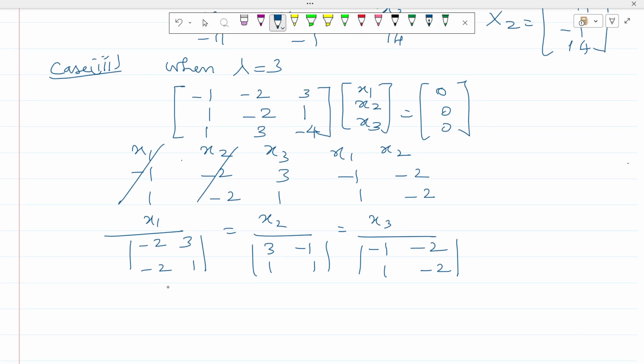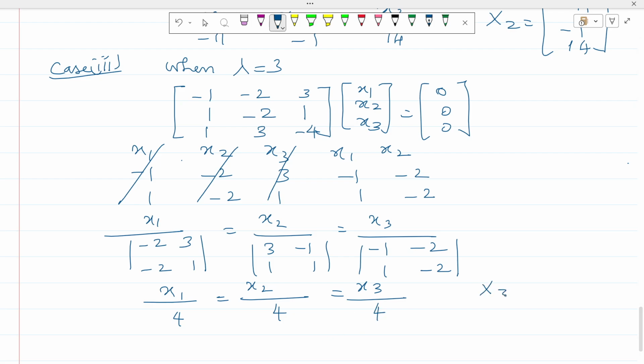So here x1 is minus 2, minus 2 plus 6 is plus 4. x2 is 3 plus 1, which is plus 4. x3 is plus 2 plus 2, which is 4.